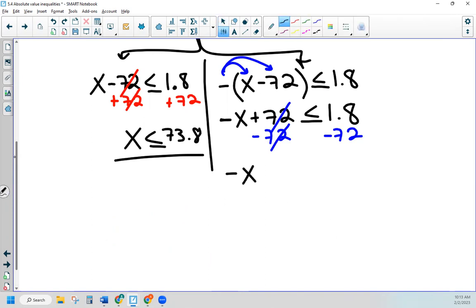This is where our absolute value actually plays a role. Here's where we will get negative 70.2. And the whole entire reason we got absolute value bars around our inequality was literally for this one step right here.